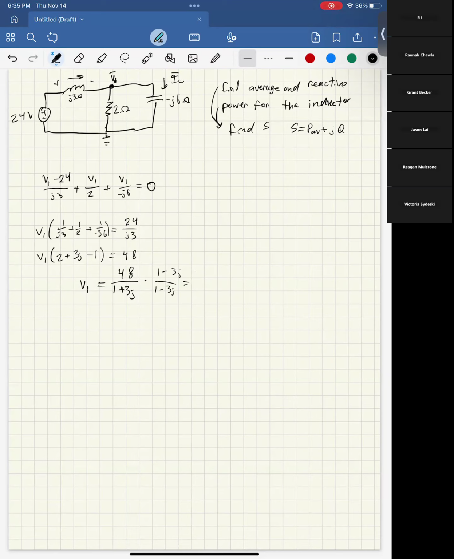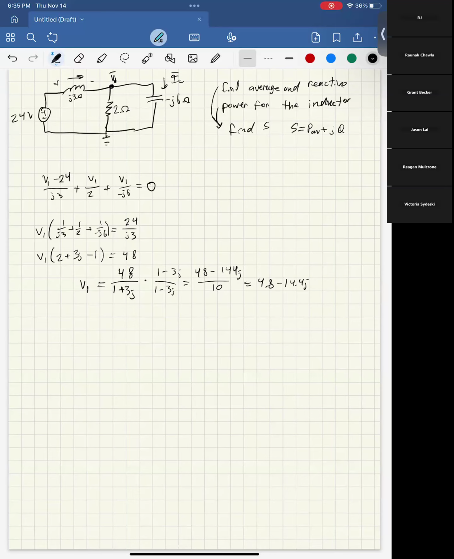So this would be 48 minus 3 times 48, which is 144j, over 1 squared plus 3 squared, which is 10. That gets us 4.8 minus 14.4j as our V1.